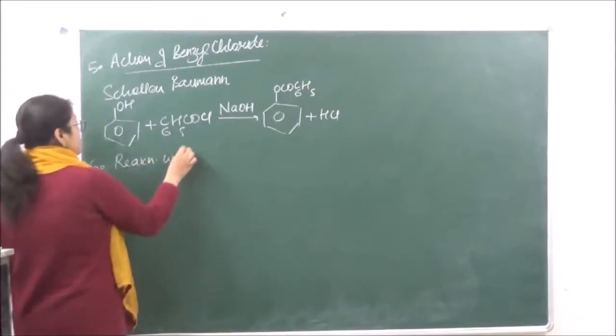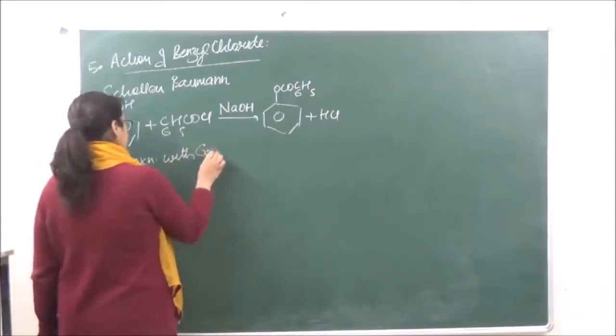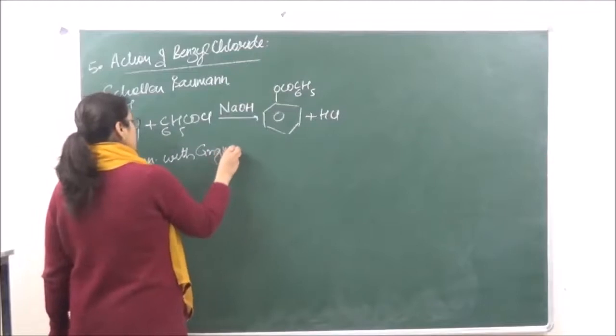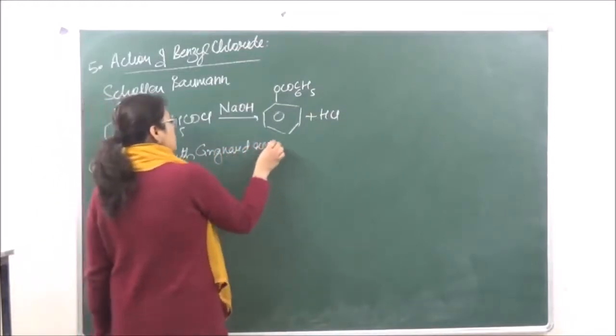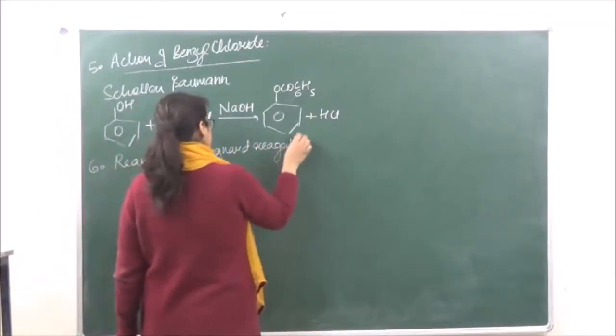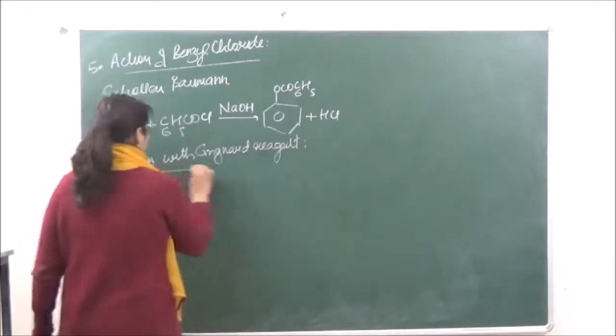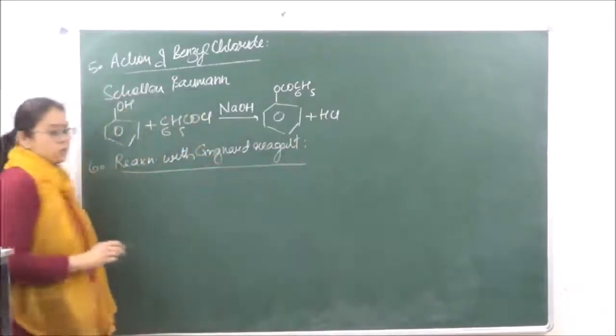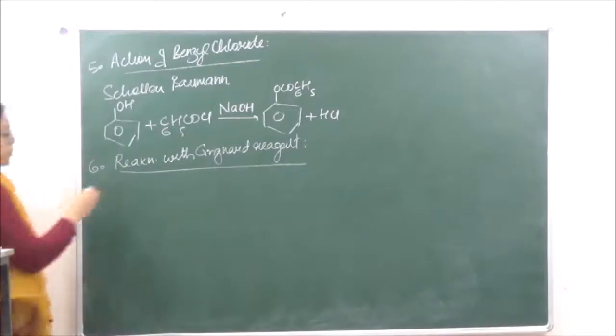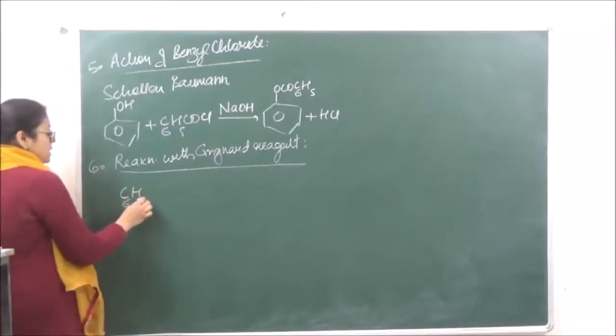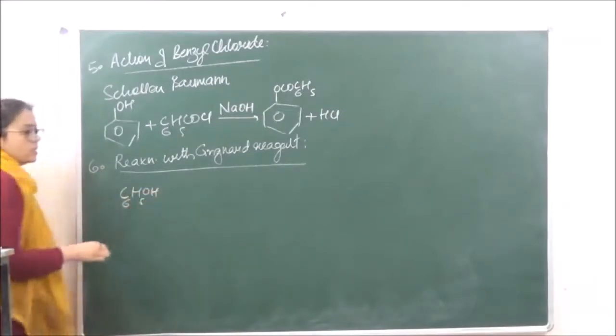Then the last reaction which we are doing over here, that is reaction with Grignard reagent. So we have C6H5OH, this is phenol.